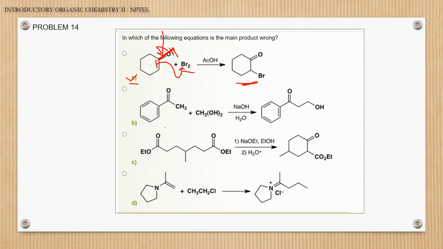Now coming to the second outcome. Can anyone tell me, is it right or not? See, they have treated this acetophenone with sodium hydroxide, that is a base. So what will the base do?